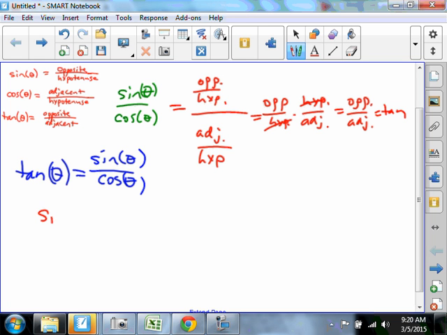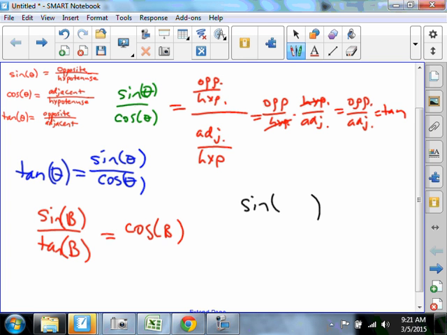If we took the sine of b and we divided it by the tangent of b, you know what that would equal? Bill Cosby. And if we took the sine of some angle, well, suppose we had a really weird angle. Suppose we had an angle called Jareen. You know where I'm going with this, right? Okay, good. So the sine of Jareen divided by the cosine of Jareen would be a tangerine.